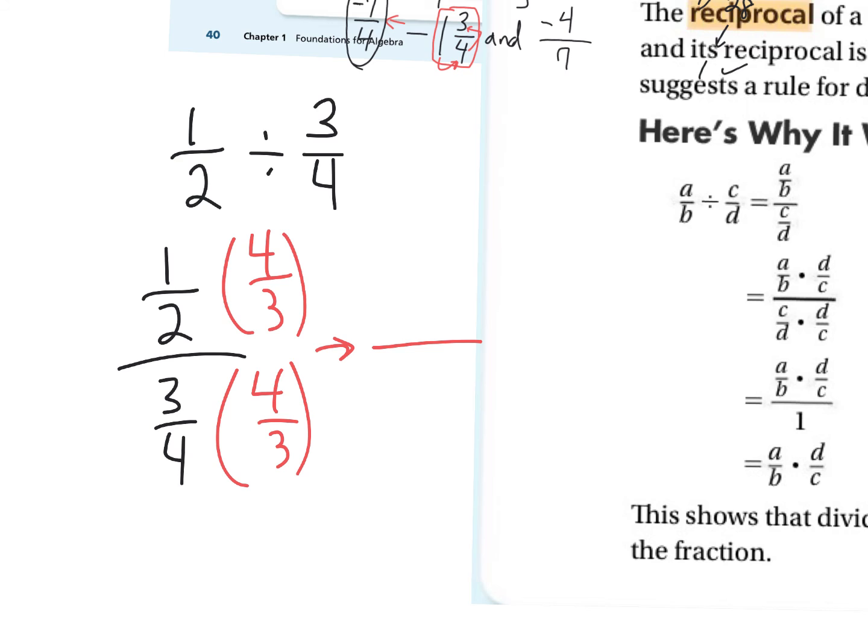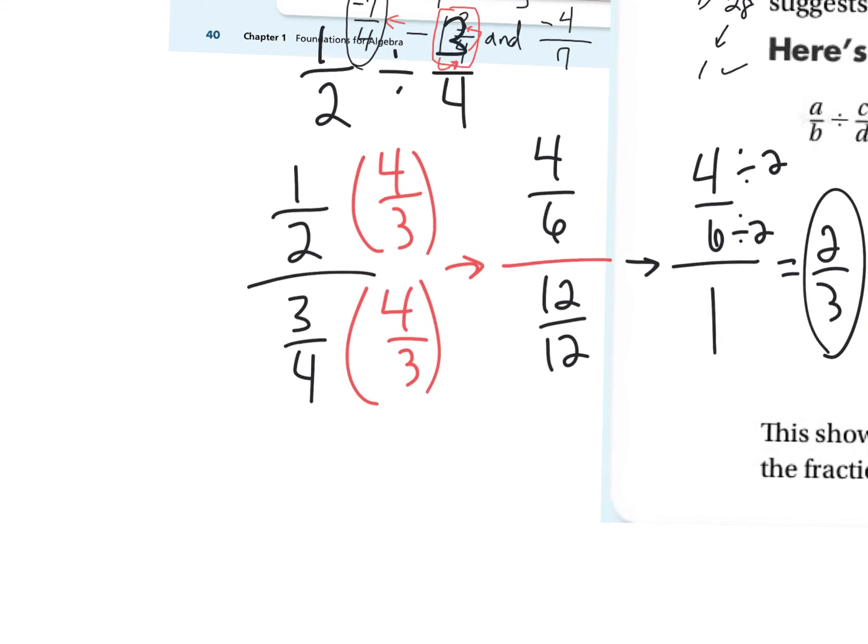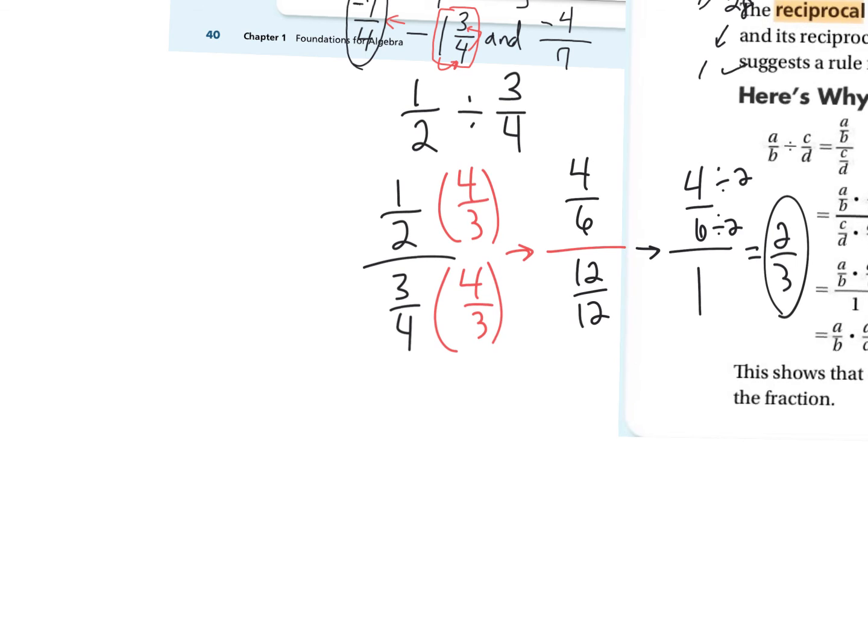So in the numerator, you could say it's 4/6. In the denominator, it's 12/12, which is the same as 1. And then 4/6 you could reduce to 2/3. So 2/3 divided by 1 is 2/3. Okay. Now, like I said, we're not going to do the problems like that.